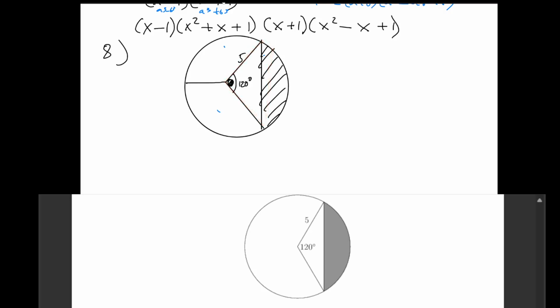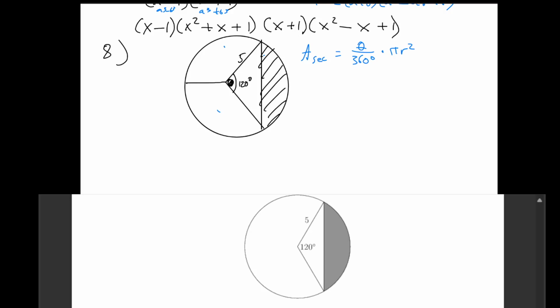Area of a sector is theta over 360 degrees, or 2 pi if you're dealing with radians, times pi r squared. Hopefully that's common sense: pi r squared is the area of the circle, and you're just dividing by the angle of that sector.